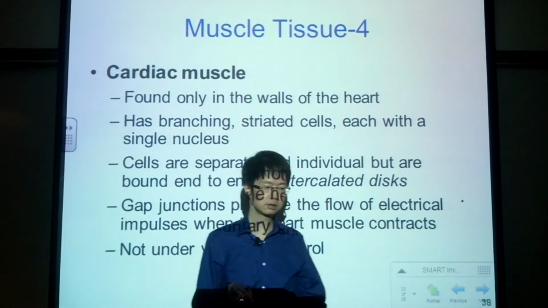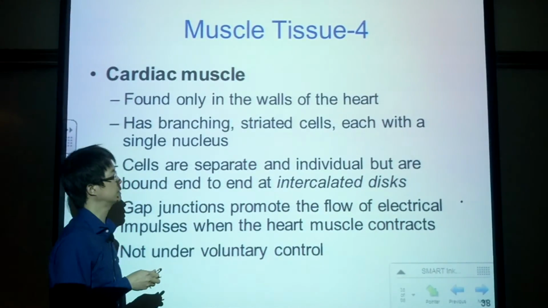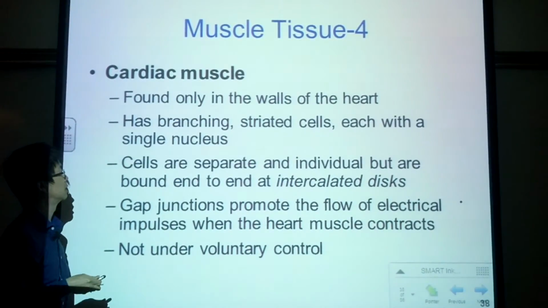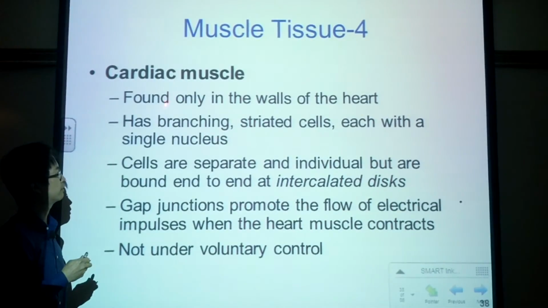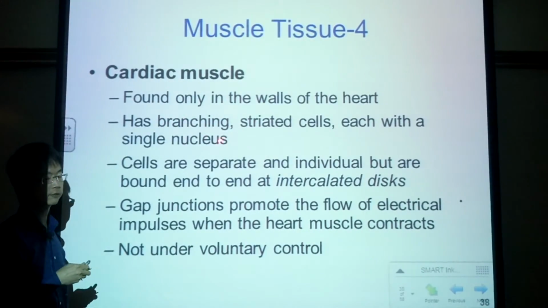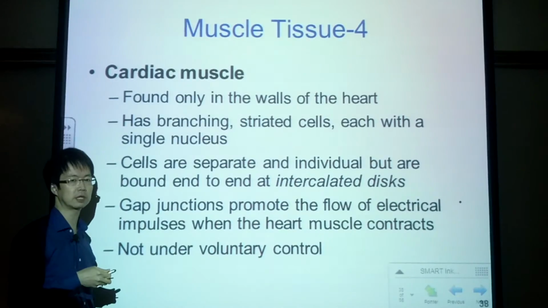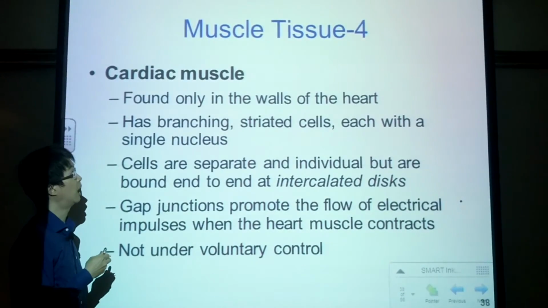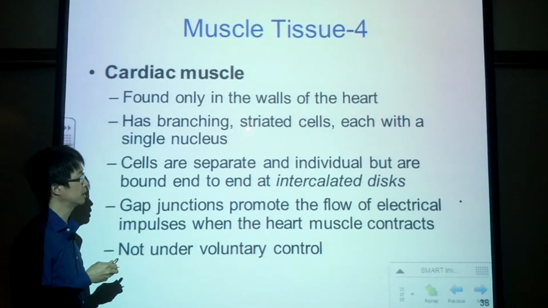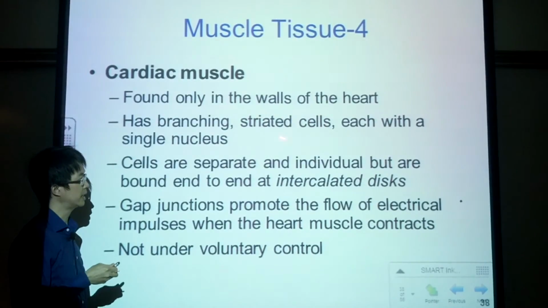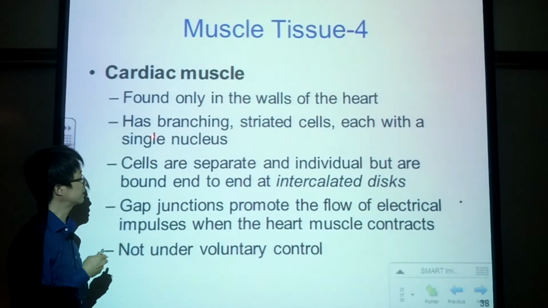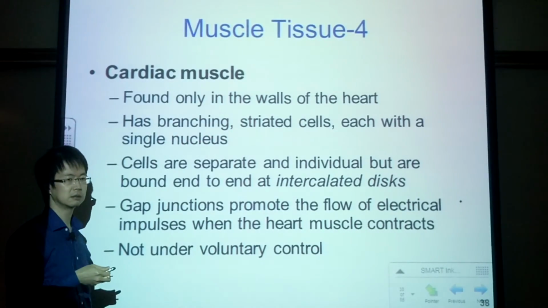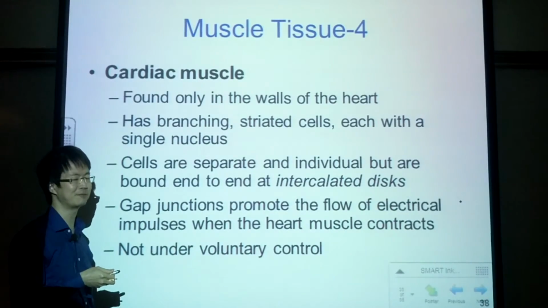Cardiac muscle, you can find only in the heart. They have branching, which is different from skeletal muscle. Skeletal muscle does not have branching. Cardiac muscle has branching. They are also striated, but they have a single nucleus. So they are in between skeletal muscle and smooth muscle.